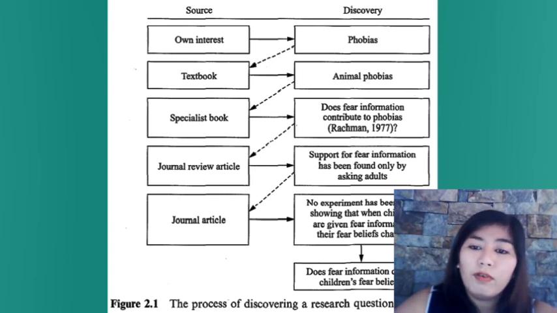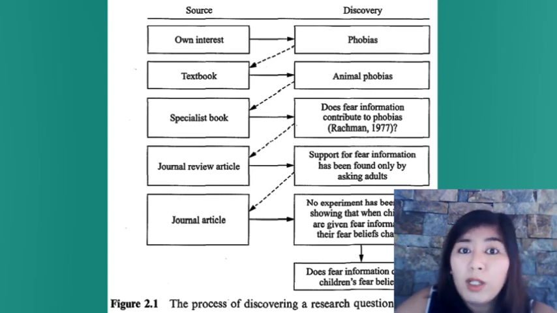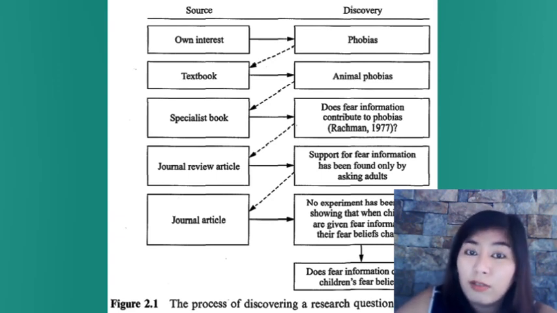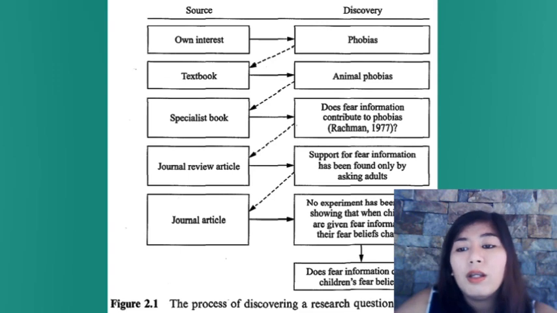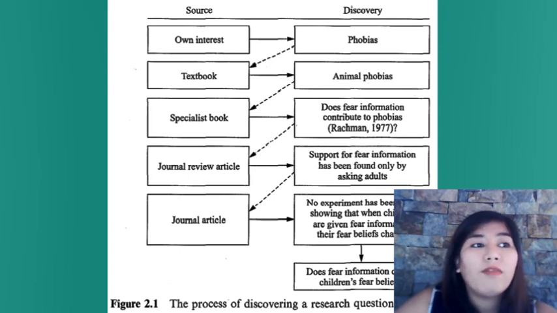And then this specialist book probably cited a journal review article or journal review articles, and then you will find several studies that provided evidence to that particular subject matter.